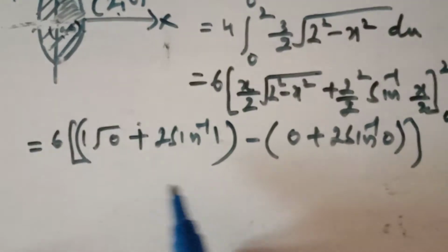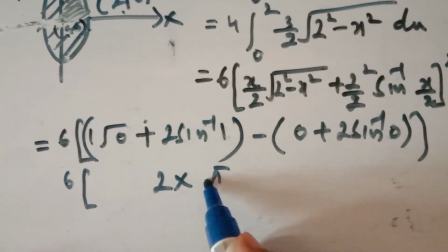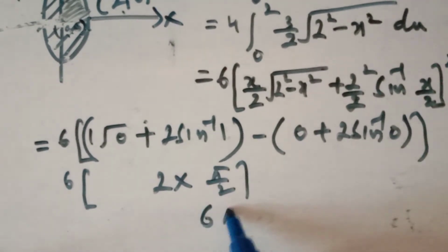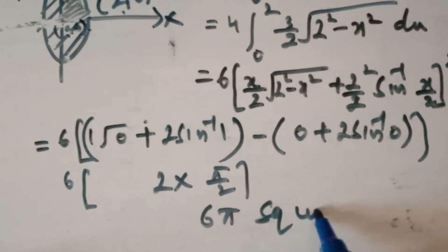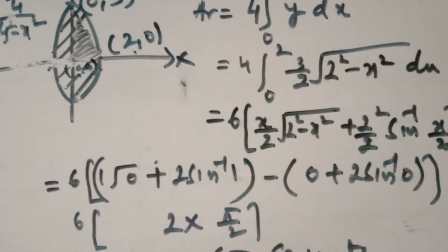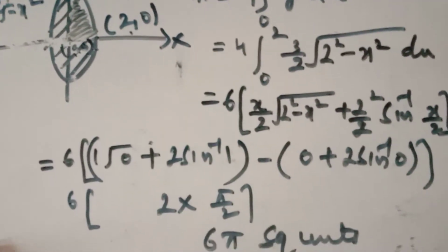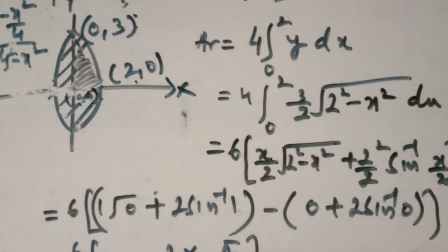So again 6, sine inverse 1 is pi by 2, so it will be 6 pi square units is the area bounded by this curve, which is an ellipse. So this is the question number 5 of your NCERT book.